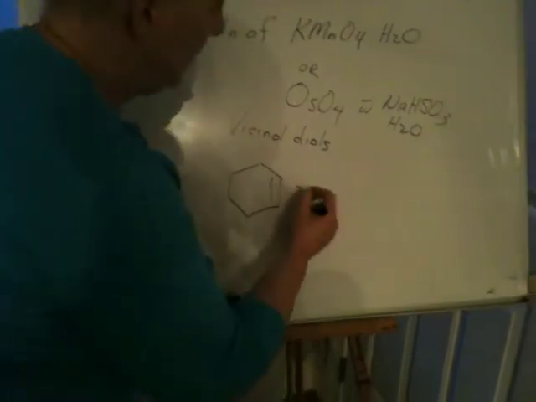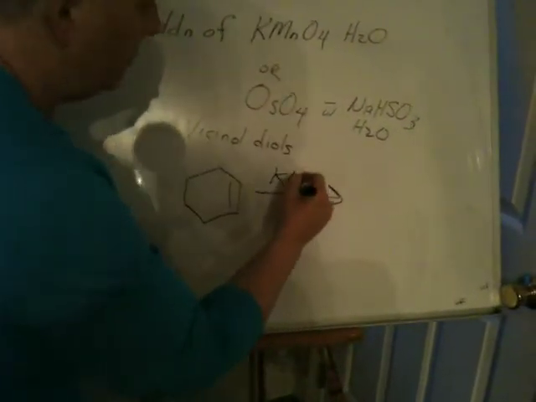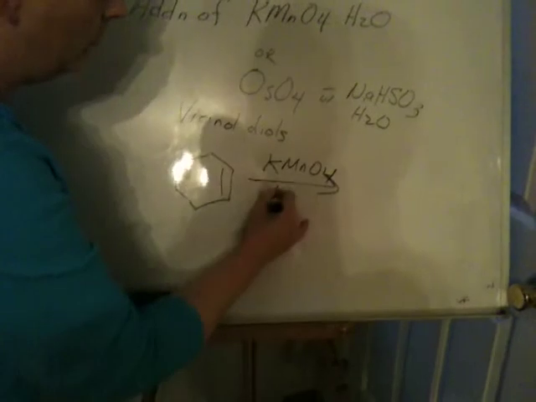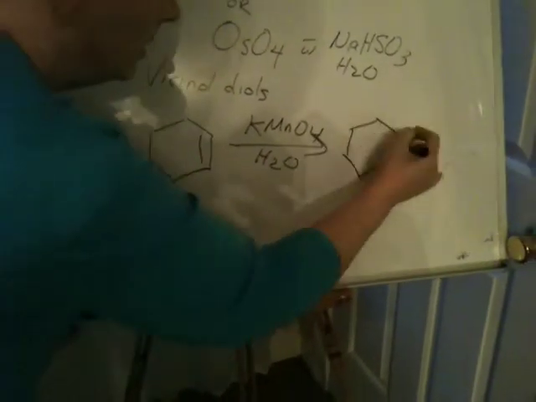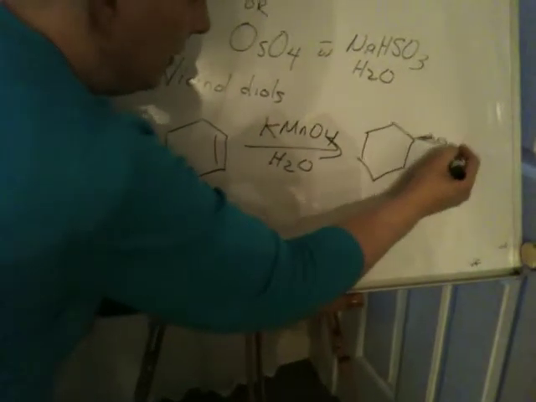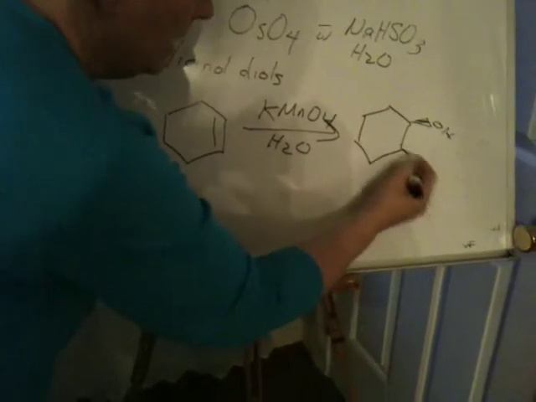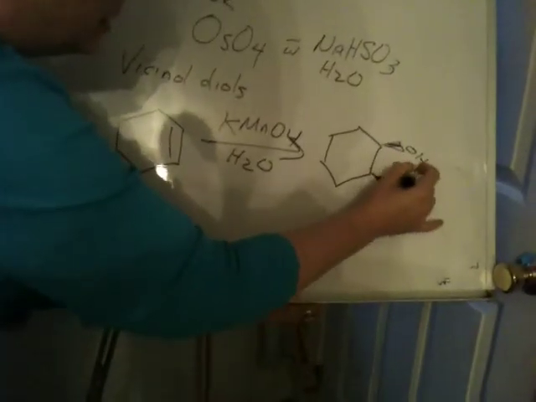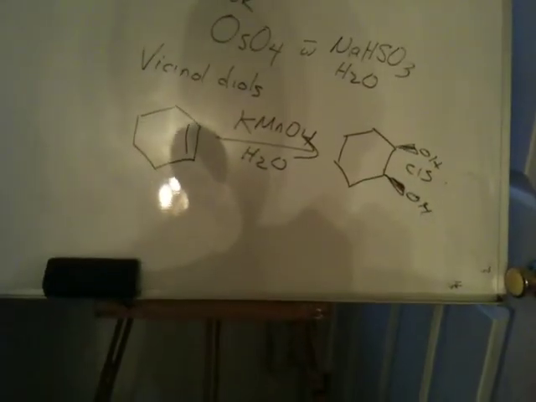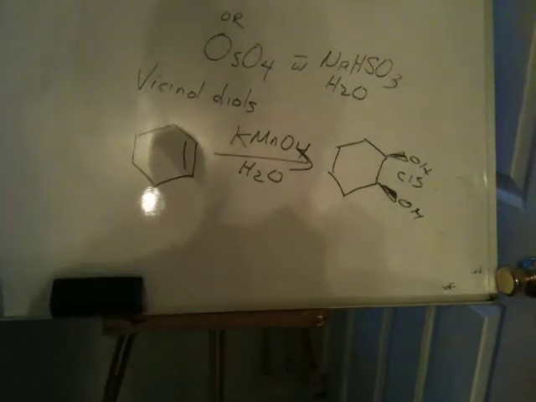And if you had either of these reagents, if you had KMnO4 in water, you will obtain the vicinal diol that is cis. We went over this in class, and we did a little bit of the mechanism in class, though I will not hold you responsible.